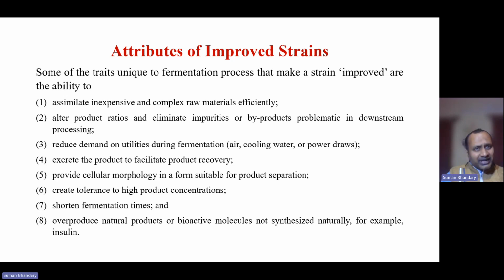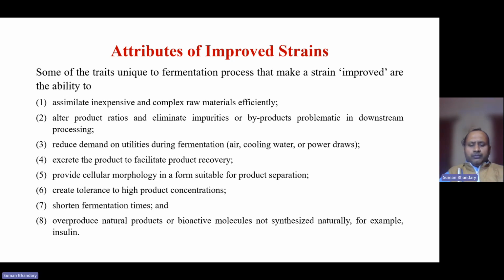Sometimes excrete the product to facilitate product recovery, provide cellular morphology in a form of suitable for product separation. Fermentation time should be short. Overproduction of natural products or bioactive molecules not synthesized naturally. As for example, insulin.